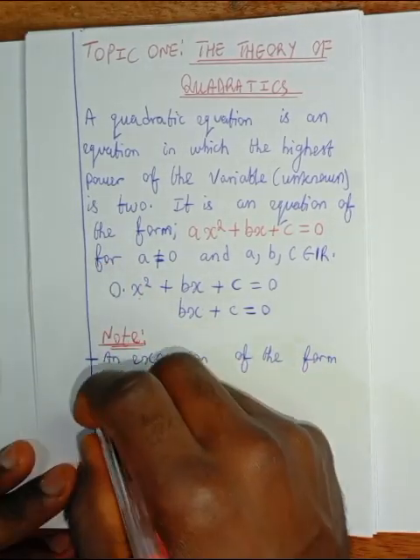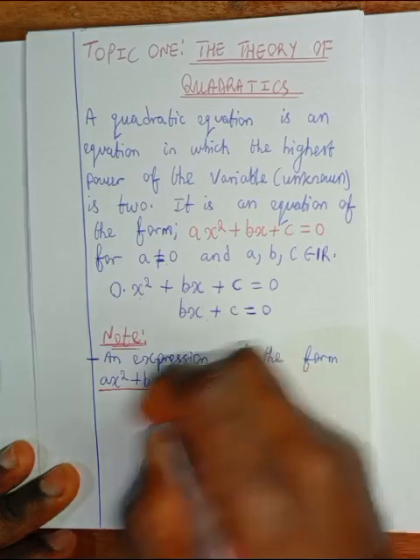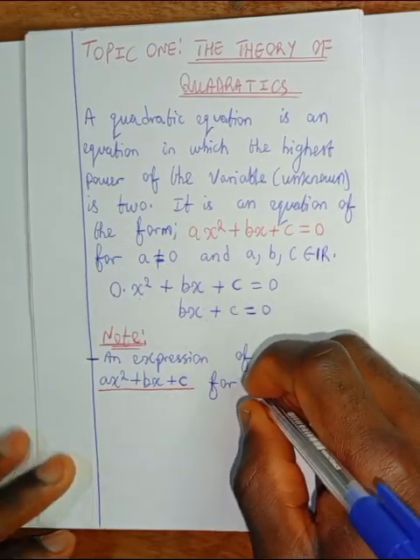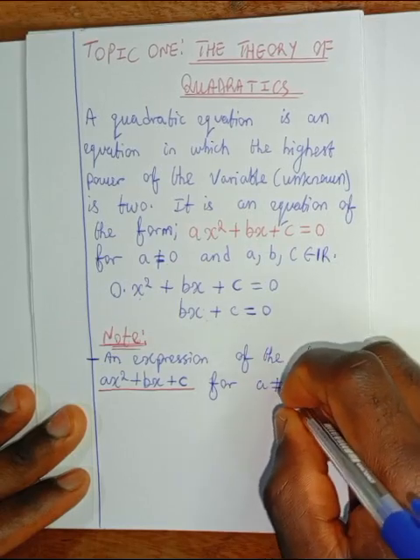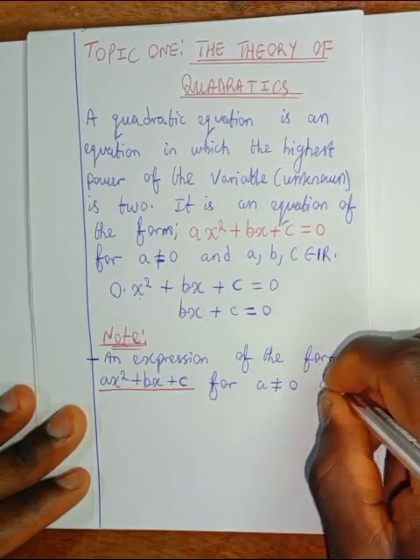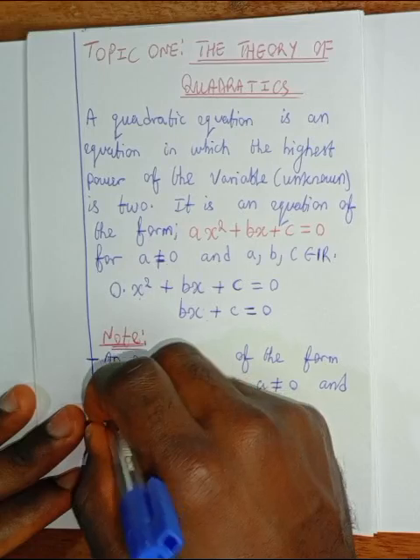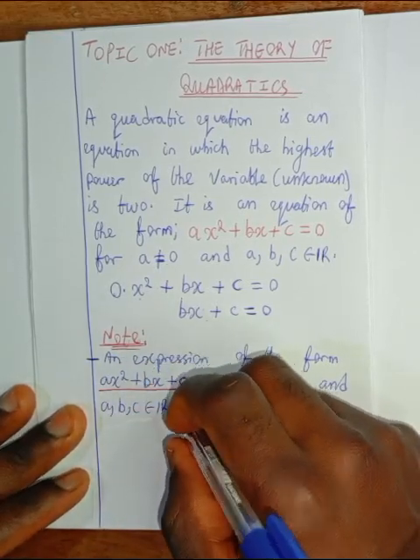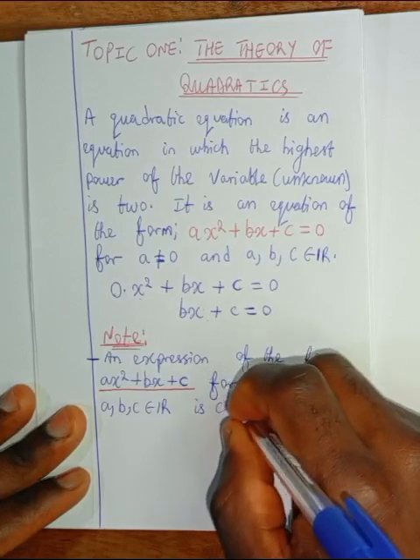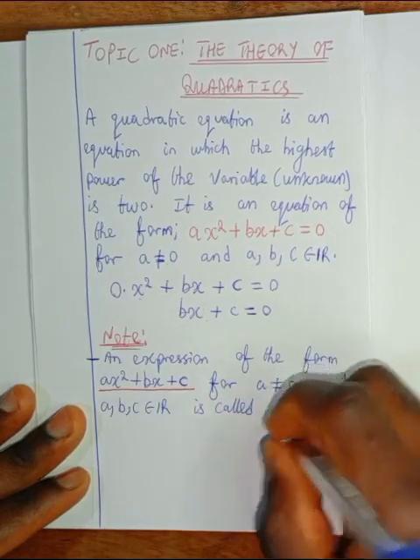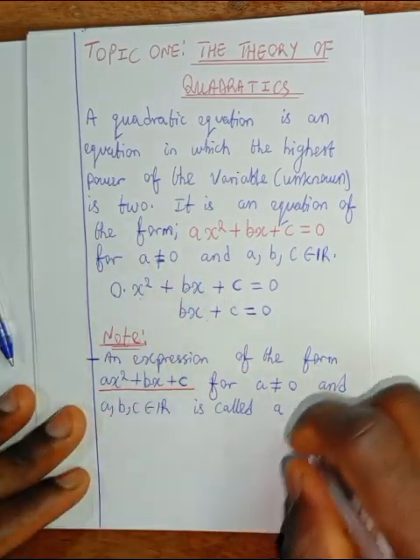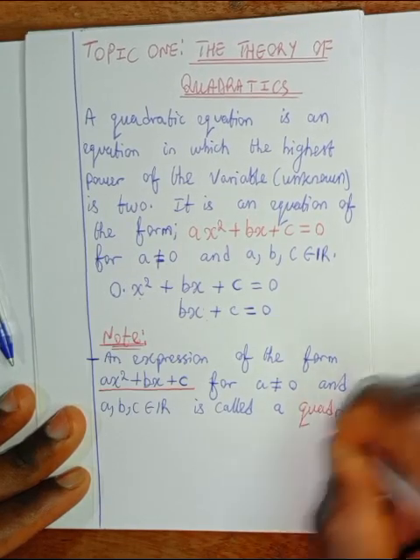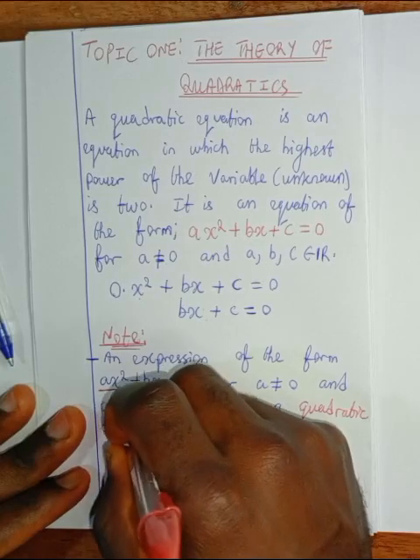You see that in this case there's no equal to 0, for a not equal to 0 and a, b, c being constants, it belongs to the set of real numbers, is called a quadratic expression.